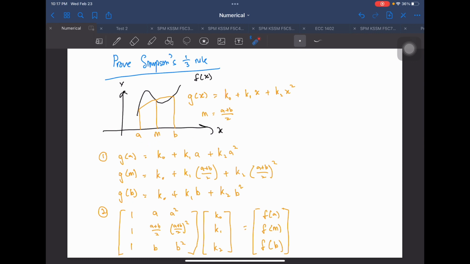When x equals a, m, b, you get these 3 equations. When you have 3 equations and 3 unknowns, you solve this system of equations using a matrix. This is a matrix formula for solving a system of equations.